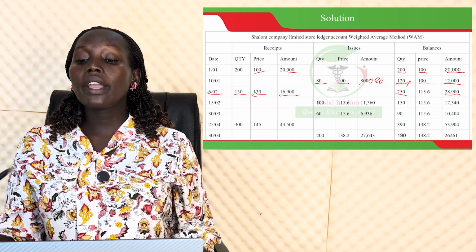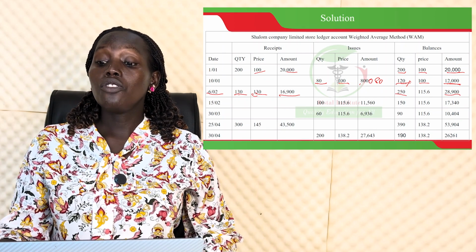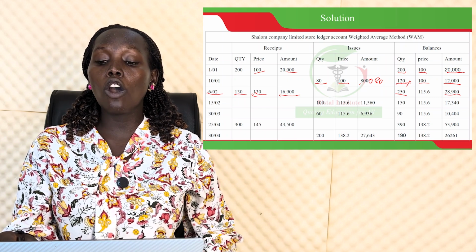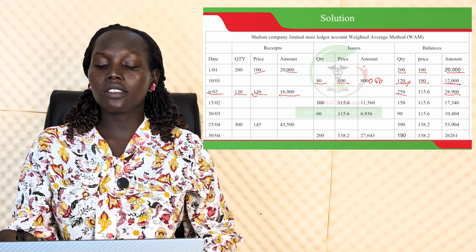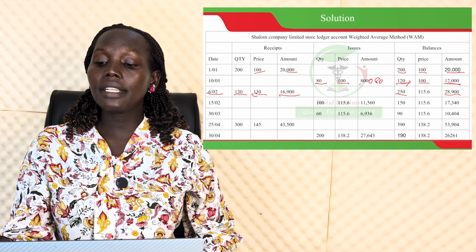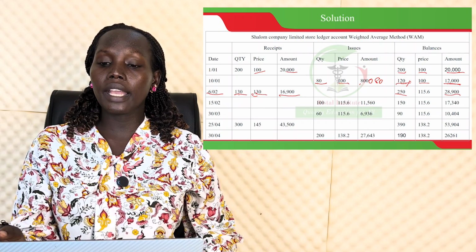So to get the ruling price, remember we said that you get the total cost divided by the total quantity of the material in the store. So this is our total cost in the store, which is 28,900. We shall divide by 250 to get the ruling price.